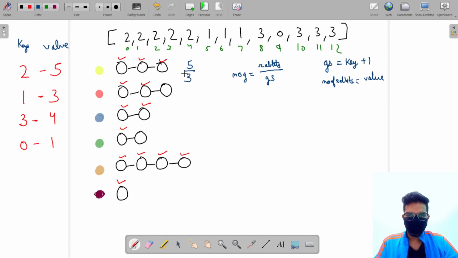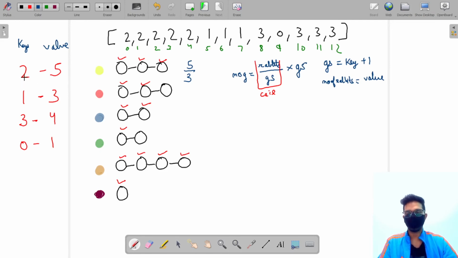So the number of groups will be 2, right? We have to calculate its ceil, and then if we multiply it by our group size, we get the number of rabbits for this value.